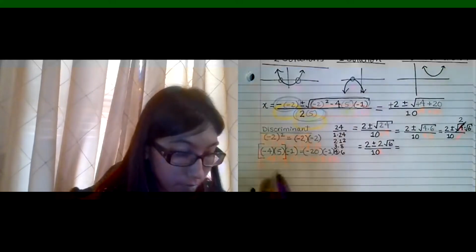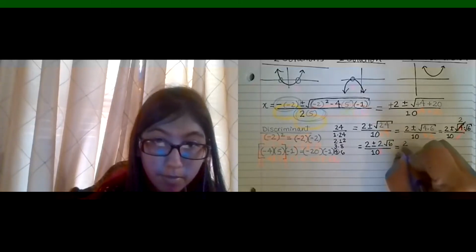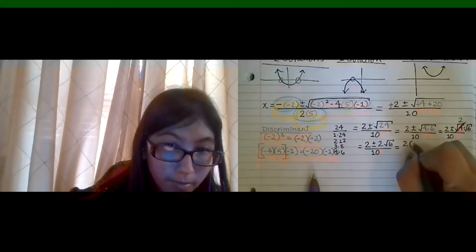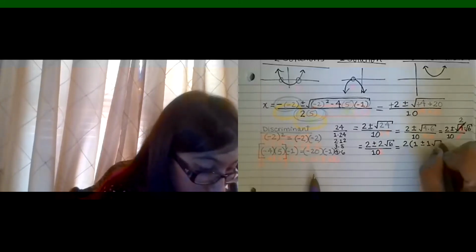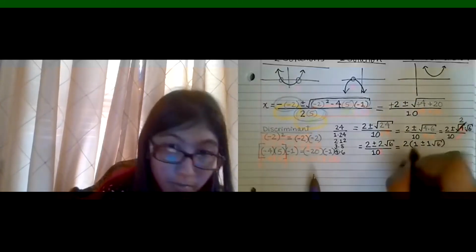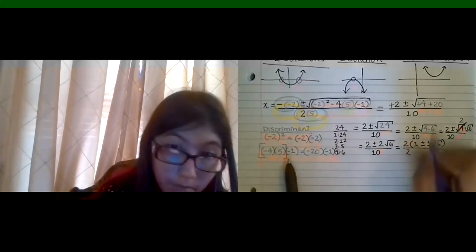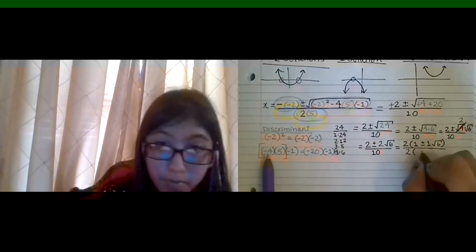So again, the reason why it seems so complicated is because we're wearing our big senior panties right now, and we know how to do this. So 2 times 1 plus minus 1 square root of 6, over 2 times what would give me 10?